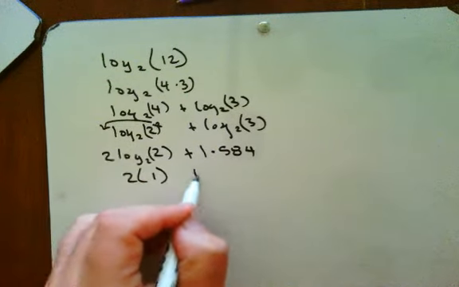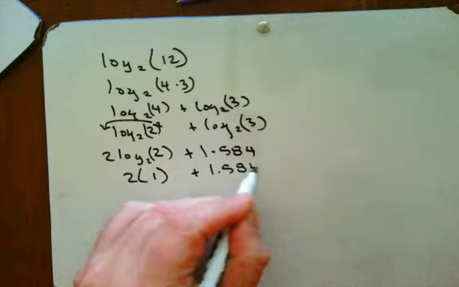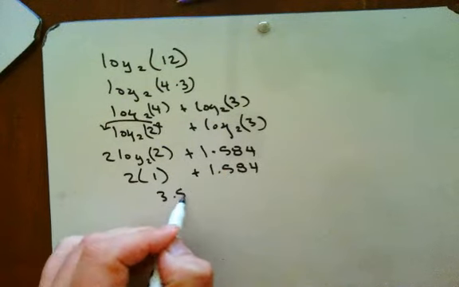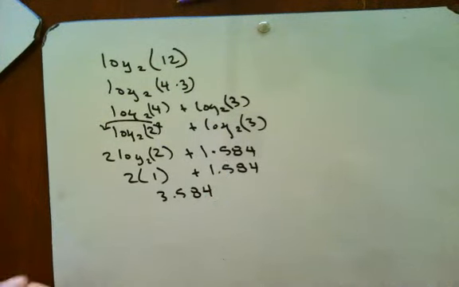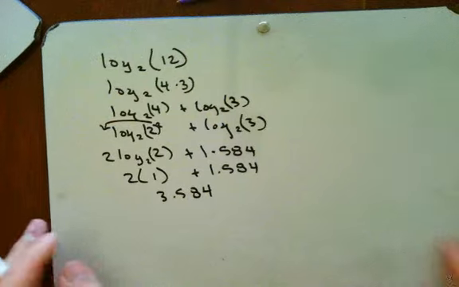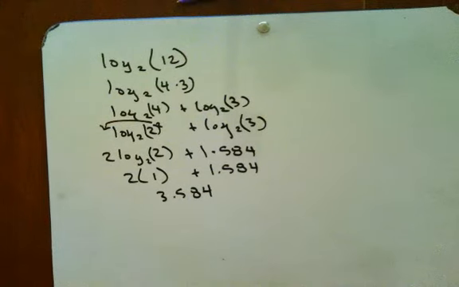Log base 2 of 2 is 1, so 2 times 1 plus 1.584 gives me 3.584. Okay, so that's worthy of our next test. You want to make sure you're comfortable doing problems like that.